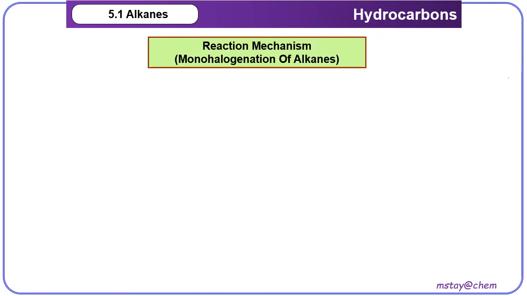Okay, now let's focus on the mechanism of free radical substitution of alkane, where we focus on monohalogenation only. So basically, what is the meaning of mechanism? A mechanism can be considered a process that explains how it happened from the beginning until the product is formed.